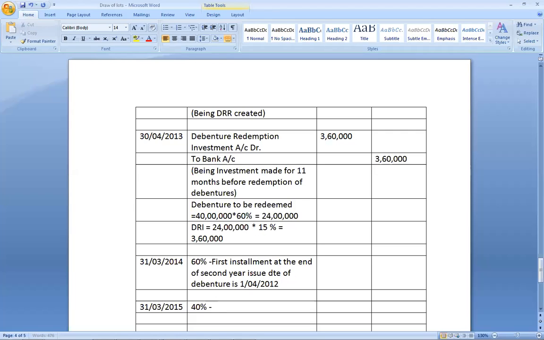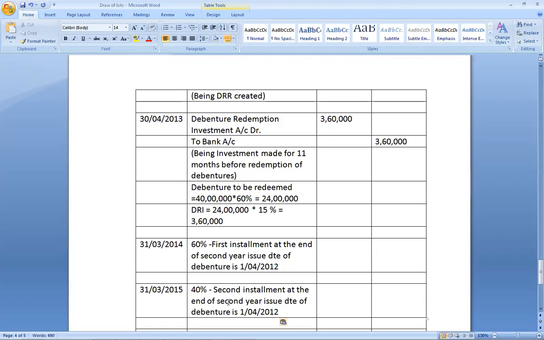This is the second installment. At the end of the third year we will pay it. If you calculate the third year ending, it is 2015: 1st April 2012 to 13 is the first year, 13 to 14 the second year, and 14 to 15 the third year.